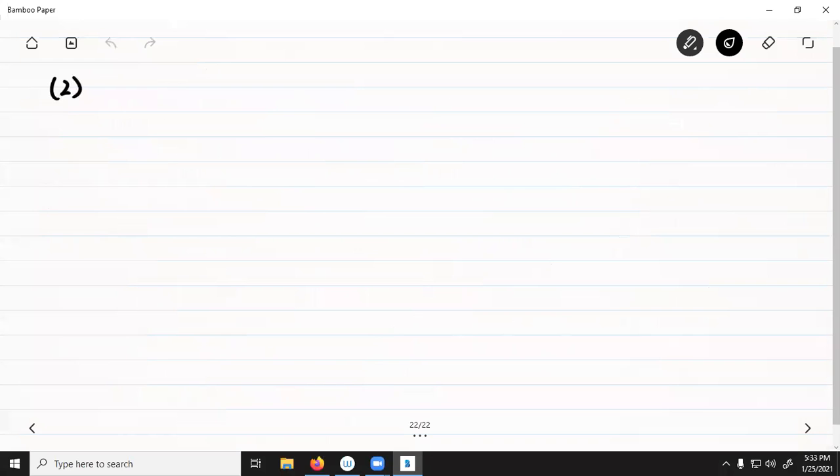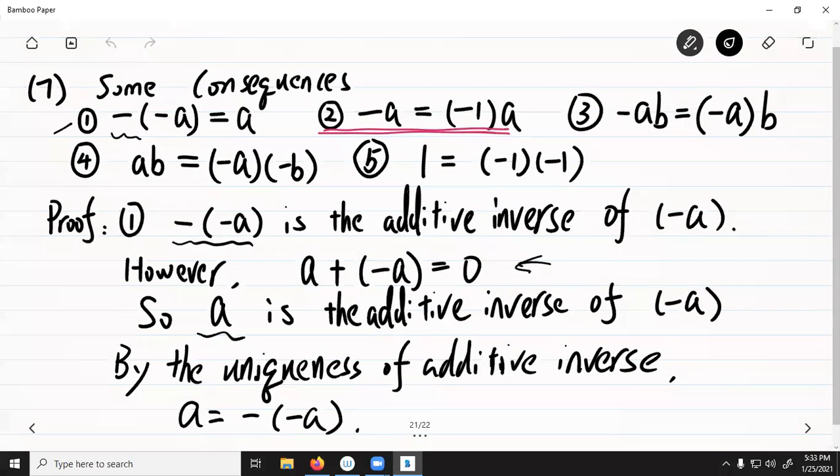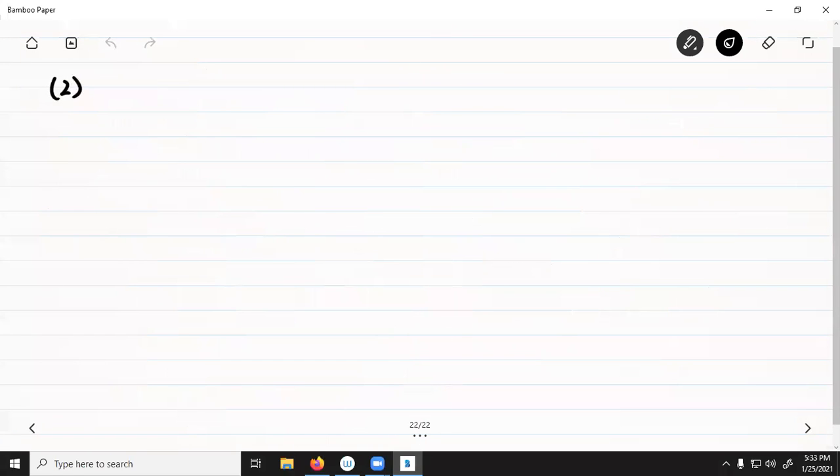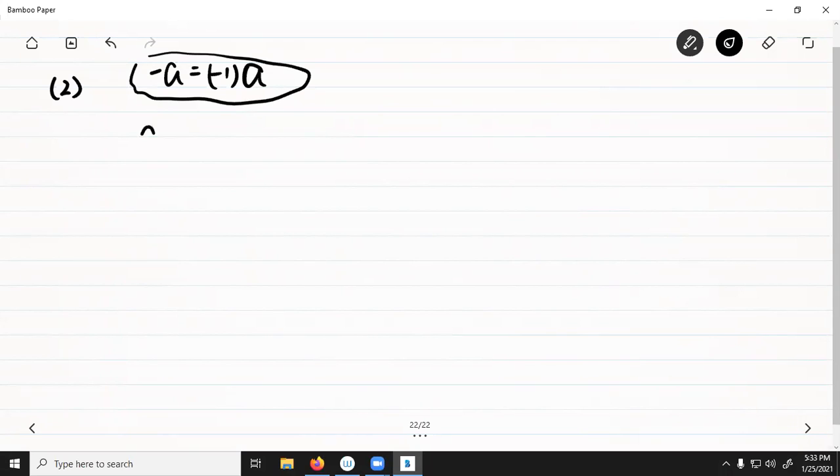Okay, so now let's look at it. We use the same strategy, right? We want to have two additive inverses of the same number, and these two must be the same. So this is the thing we want to prove right here: negative A equals negative 1 times A. Now let's consider A plus negative 1 times A. We want to show that this one equals 0.